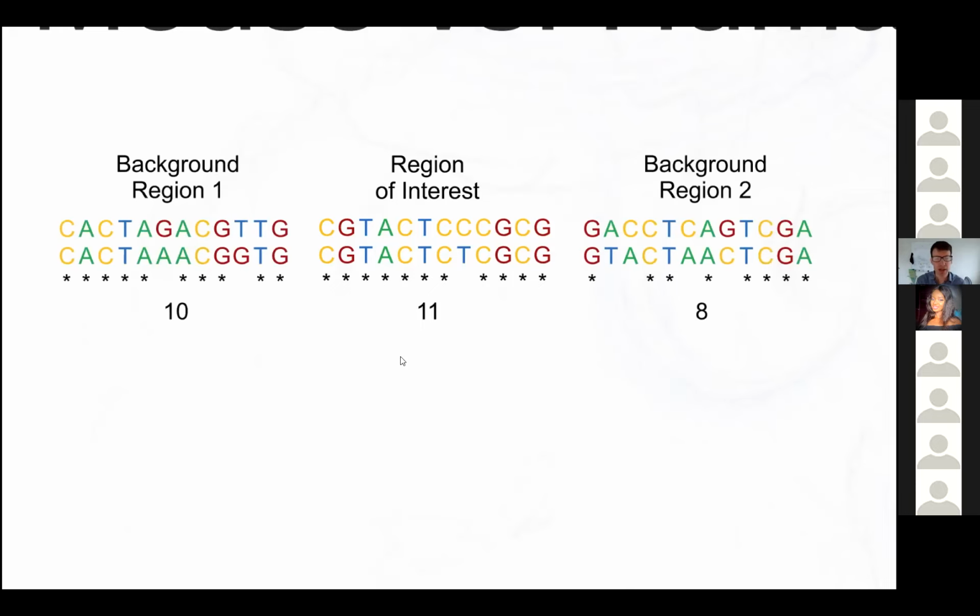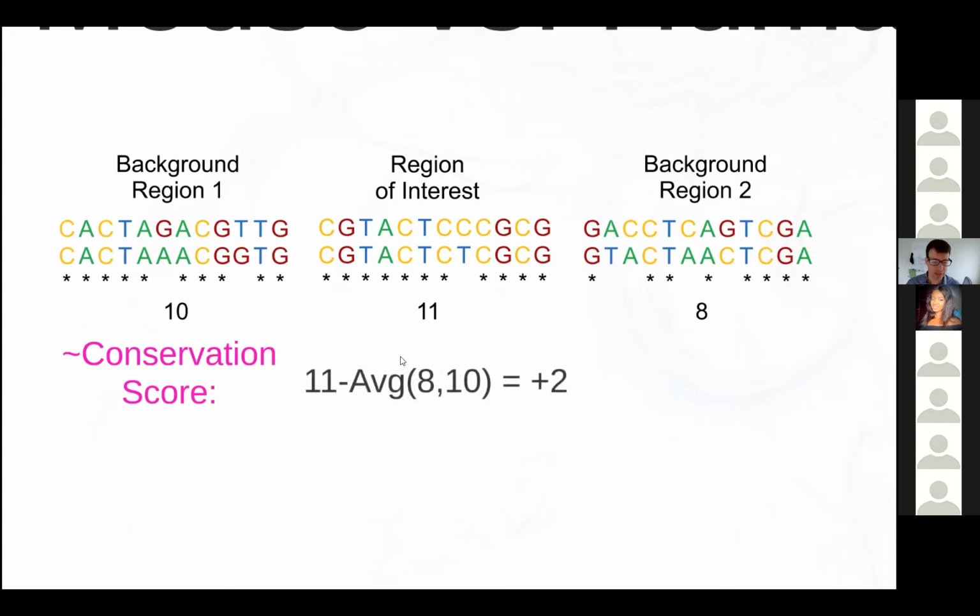And so you do that. You say, okay, I'm pretty sure that these two background regions are not under selection. I want to compare it to my region of interest. Here you can see my background regions have 10 identities and 8 identities. A very simple score for conservation, and you don't need to write down this equation, but I want you to get a feel for how these kinds of equations work.